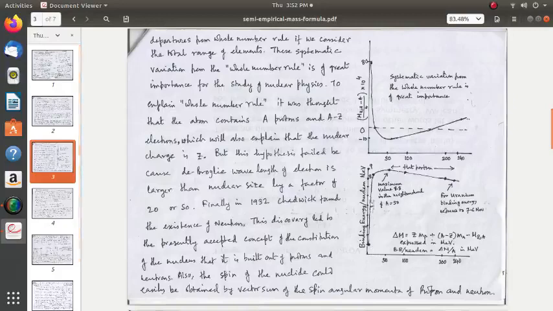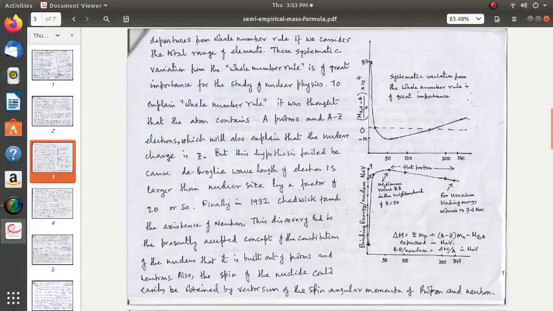We can have a plot like this. I have plotted the packing fraction and the binding energy curve. The binding energy curve has this feature that for lower values of Z, it rises up very sharply, then reaches a maximum of 8.8 MeV, and from there it slowly reduces to about 7.6 MeV.